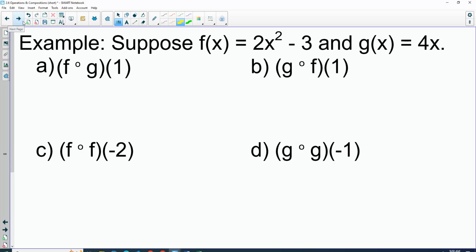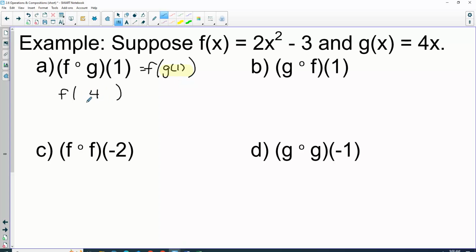So if I ask for f composed with g of 1, we have to start with the inside. Okay, if you don't like how it's written, you could also write it with parentheses f of g of 1. So you begin with g of 1. So if you go to function g, you put a 1 in for x, what do you get out? 4.